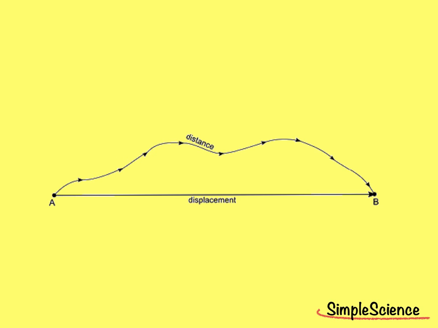And the total length of that path is considered its distance, whereas its displacement is essentially the length between the starting point A to the ending point B. And if we were looking for a reference point and we chose A, then the displacement would be east. So it's a certain magnitude and then east.